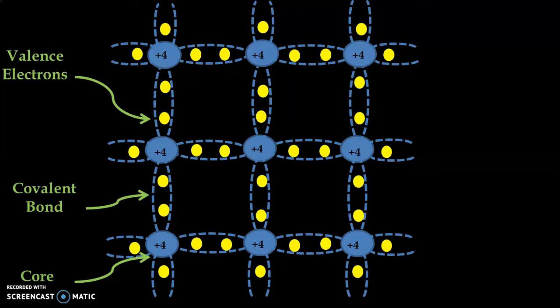But in semiconductor material, we know that the forbidden energy gap is quite small. Even at room temperature, heat is imparted to valence electrons, and some of the valence electrons gain enough energy to cross the forbidden energy gap and travel to the conduction band. Now let us see the valence electron gain energy and become free.